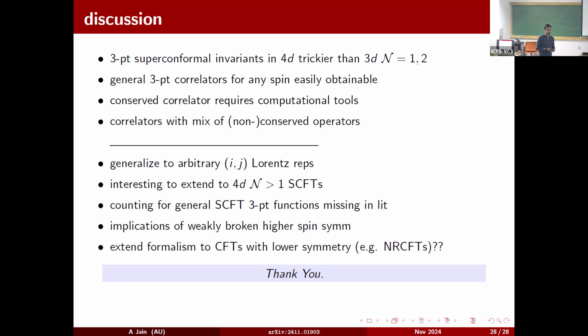theory correlators. Again, for the superconformal case, that restriction is still not completely understood, because we don't have a unique stress energy tensor. For supersymmetric theories, in the 3/2 multiplet we have a stress energy tensor, and in the spin 2 multiplet we have another stress energy tensor.